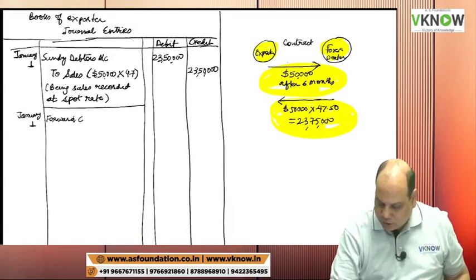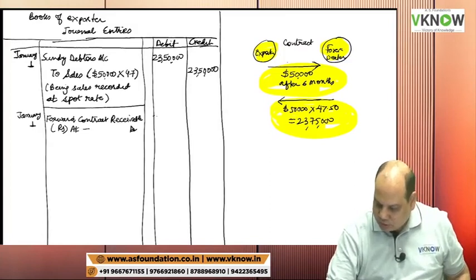Forward contract receivable (in bracket, rupees account) debit 23 lakh 75,000.